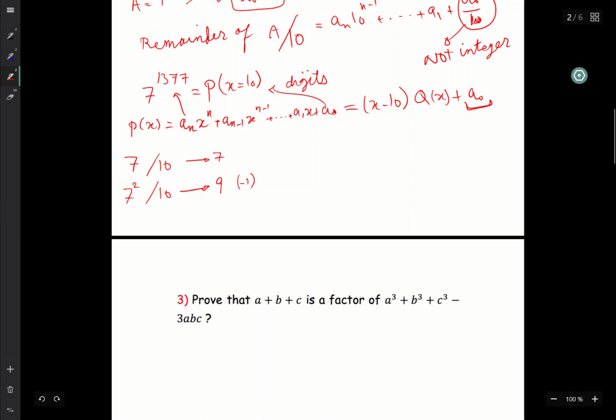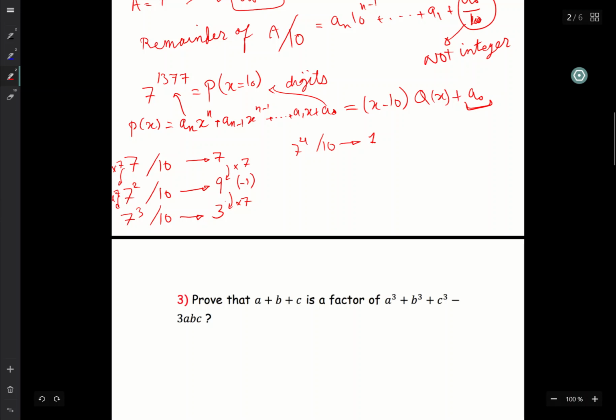If I take 7 to the third power divided by 10, the remainder is 3. As I multiply by 7, the remainders also multiply by 7, and then I take only the least significant digit. And 7 to the 4 divided by 10, the remainder is 21, so 1.